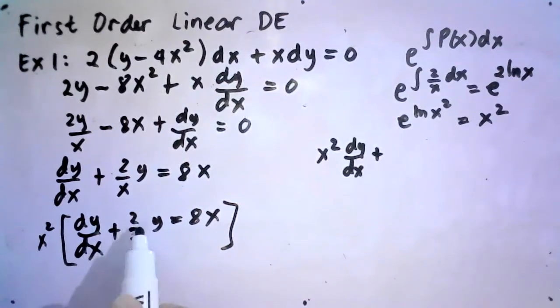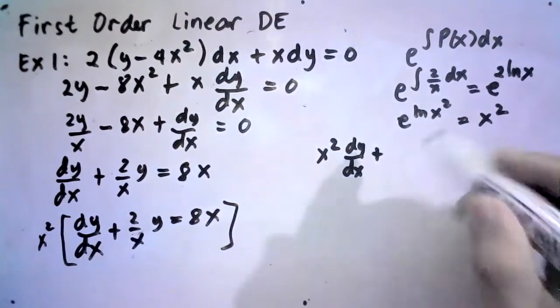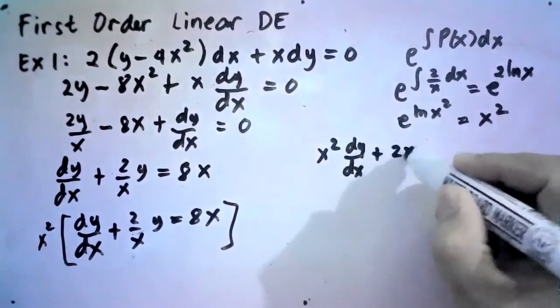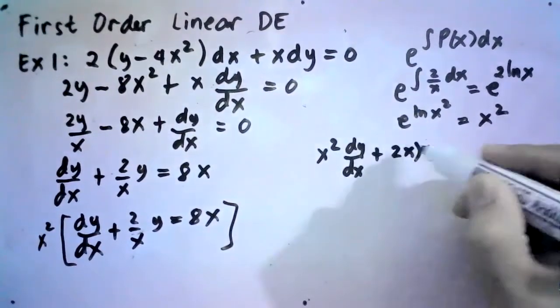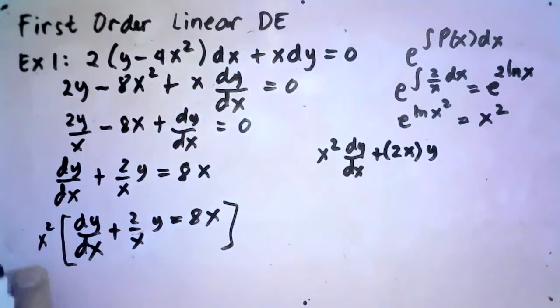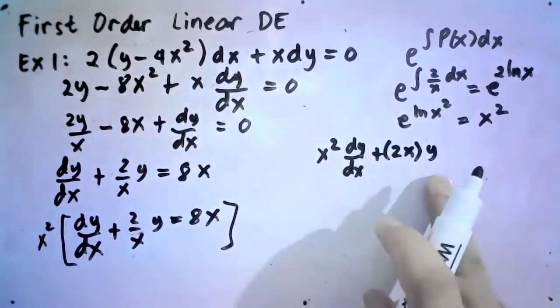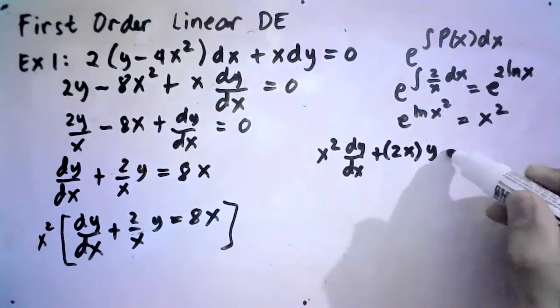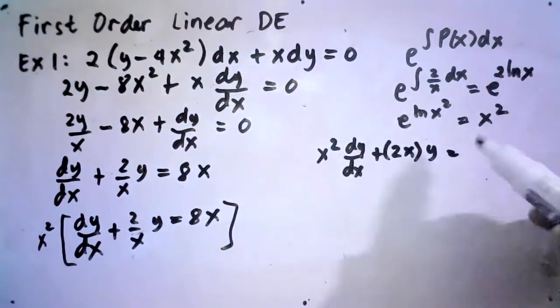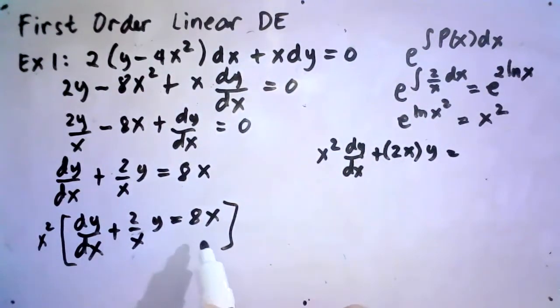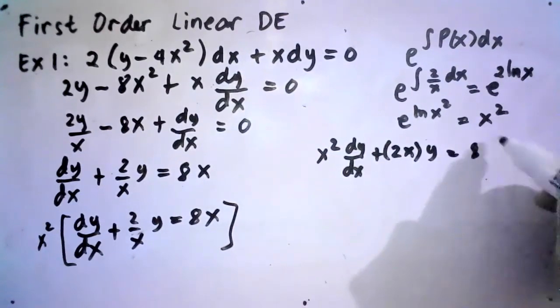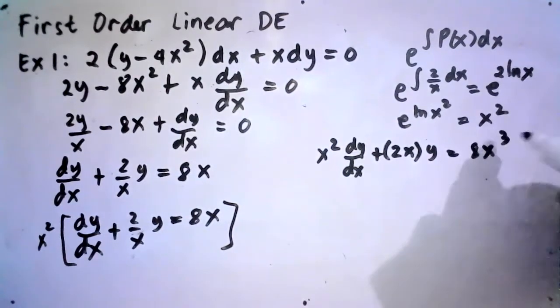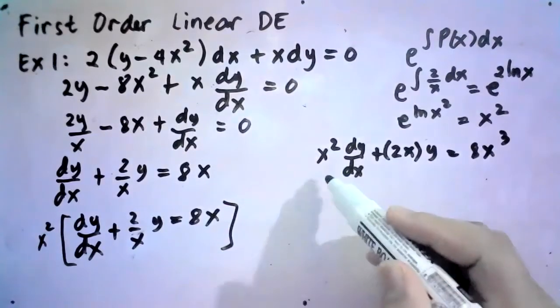You have here 2xy. So this is the result when we multiply x squared times 2 over x. So we have 2x, and then we have here our y, which is also equivalent to the result of x squared times 8x, that is 8x cubed.